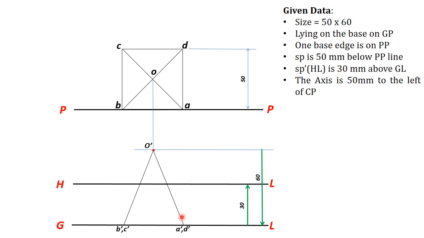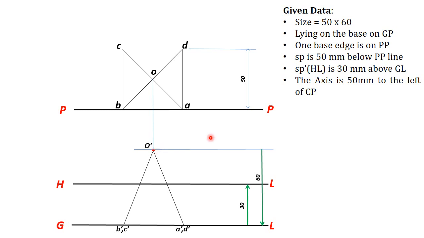Because it is resting on its base on GP, the front views of all the base points are on the ground line: A dash, B dash, C dash and D dash. Its height is given as 60 mm, so at 60 mm height, right below the top view point O, you can mark O dash.